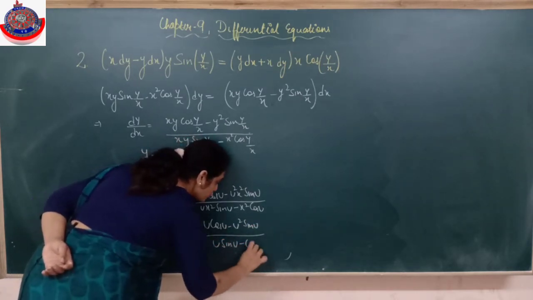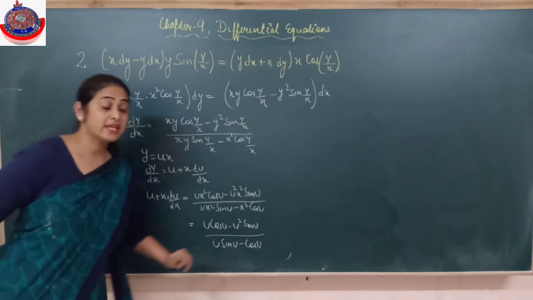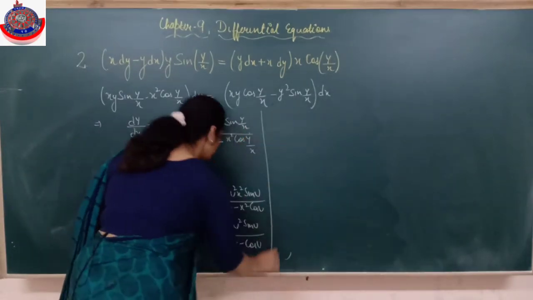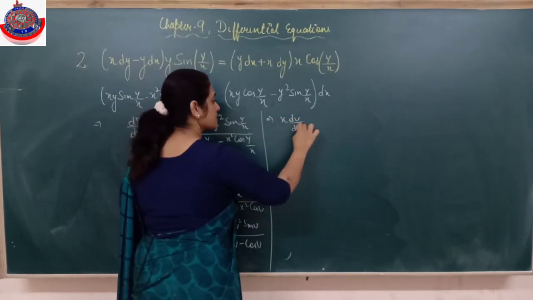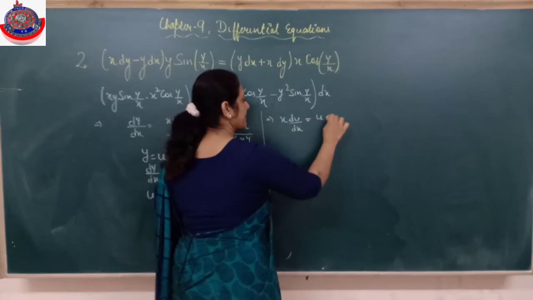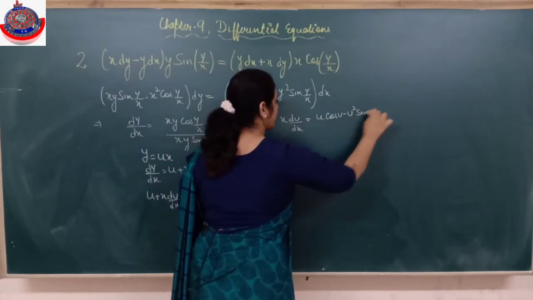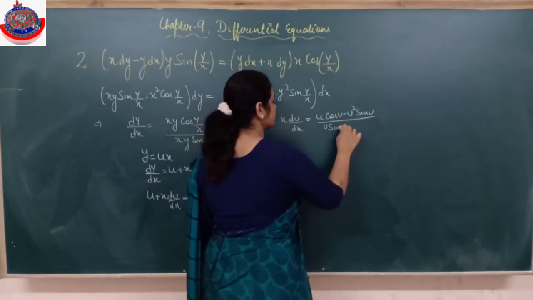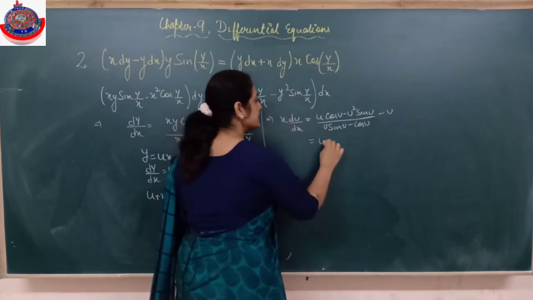That's our target. When you put y equals ux and put this differentiation, every variable other than u should be eliminated from here. Now what is the next step? We take u that side. Take LCM.